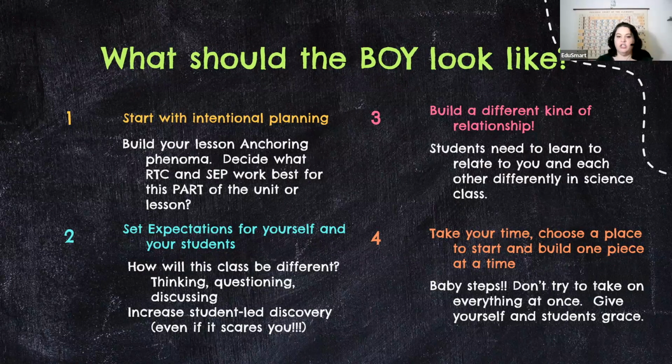It will not work. You'll be overwhelmed. You'll be frustrated. They'll be frustrated. And the whole thing kind of collapses. Thinking about our Jenga model, that's taking out all the supports at once, and you don't want to do that. How do we build this in a way that your structure is still sound, they're still learning, and you're comfortable, and they are building up to that full-on student-led investigation?